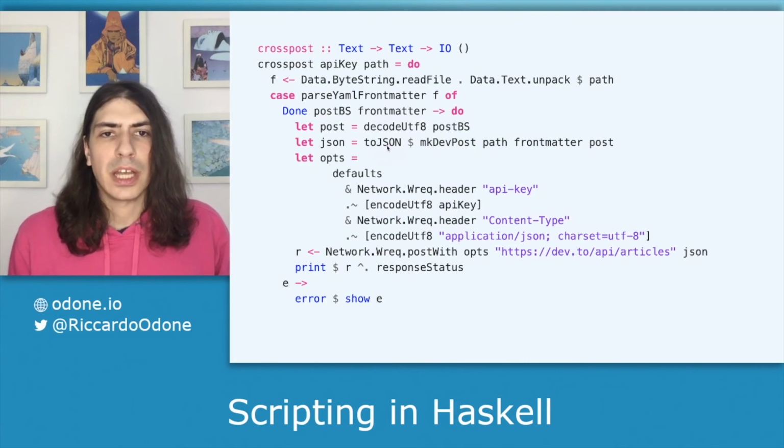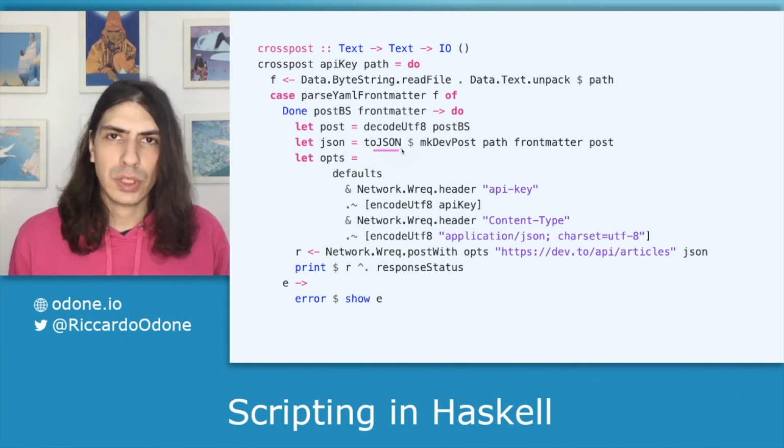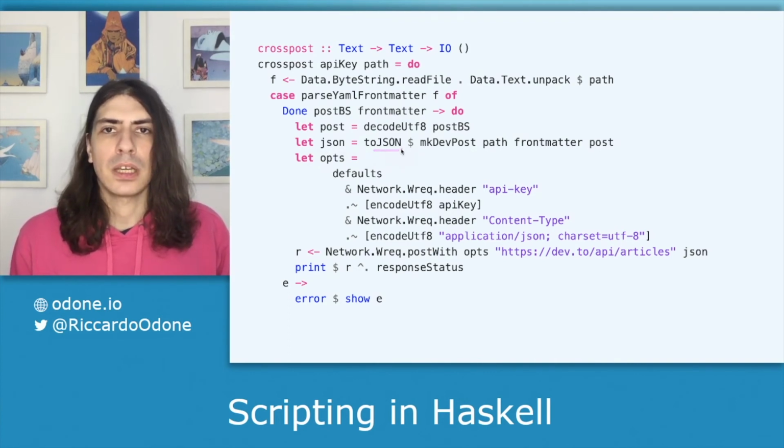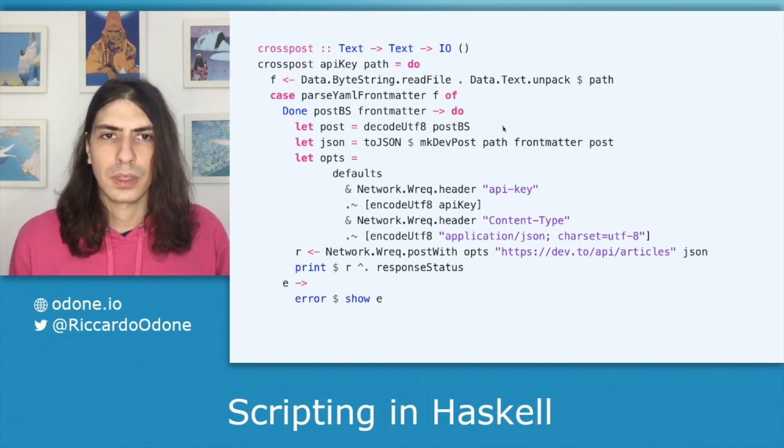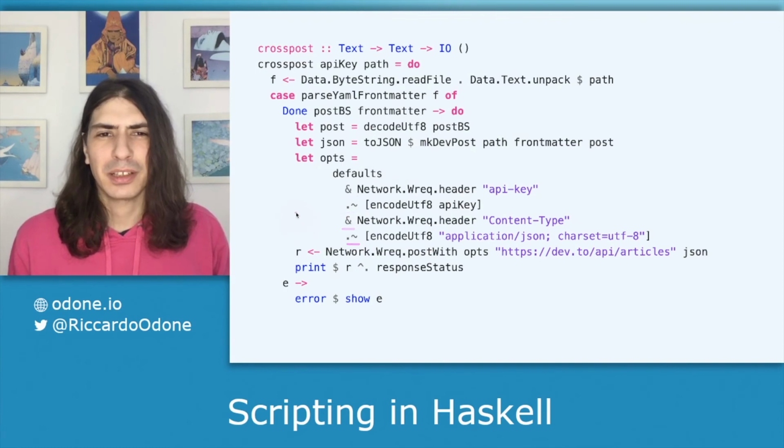Here what we do is that we pretty much prepare the JSON to be sent by calling toJSON, which in turn uses the JSON instance of DevPost on this DevPost that we build out of the path to the post, the front matter, and the post content. Down here, some lenses, because I'm using wreq, just because I felt like doing some cowboy coding. Doesn't really matter.